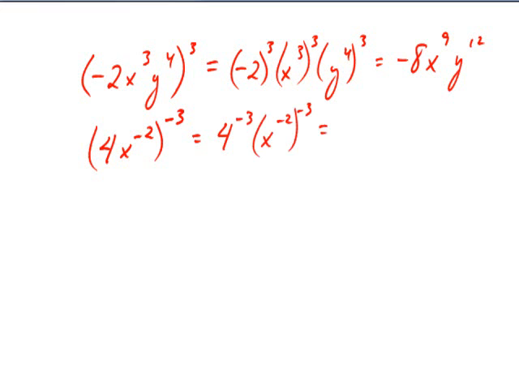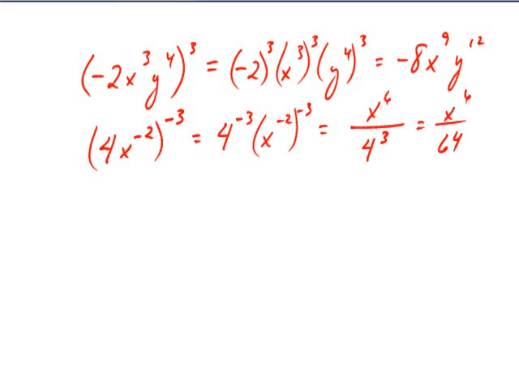Four to the negative 3 can be written in the denominator as 4 to the third using the negative exponent rule. If I raise x to the negative 2 to the negative third power, I get x to the positive sixth. If I simplify 4 cubed, I get x to the sixth over 64.